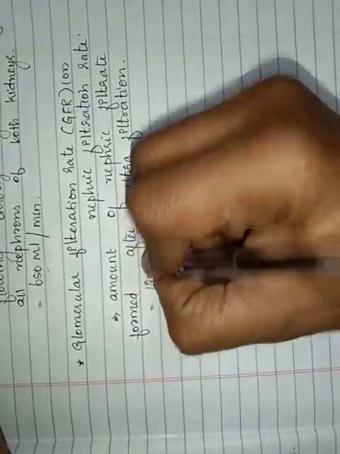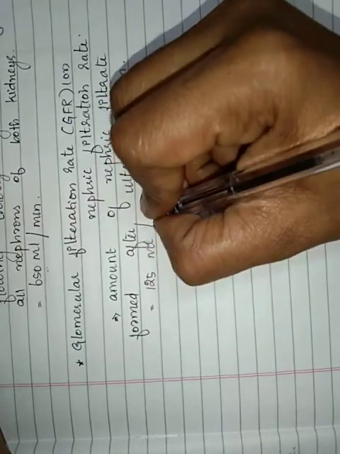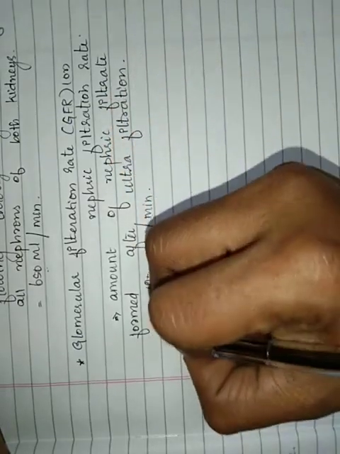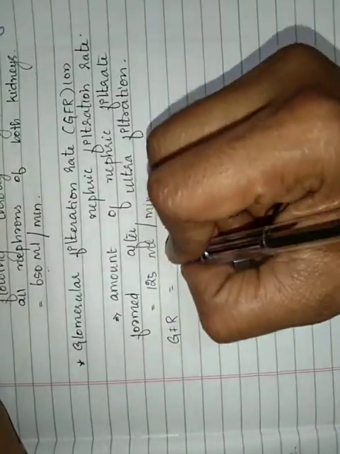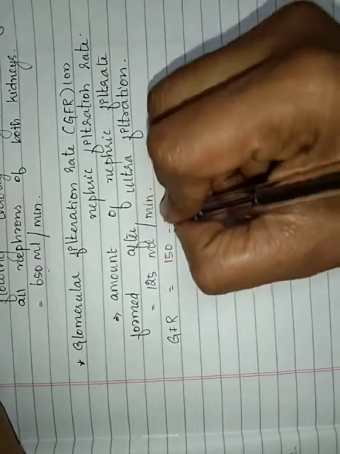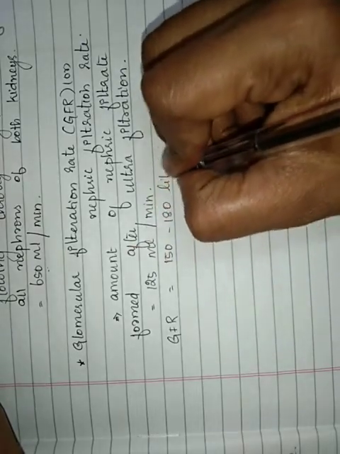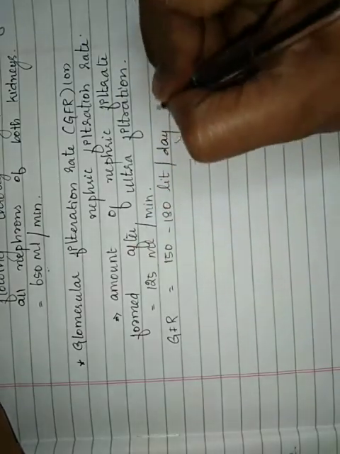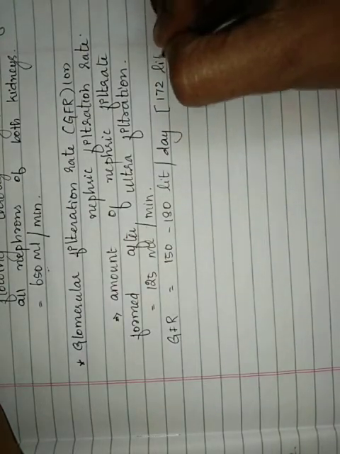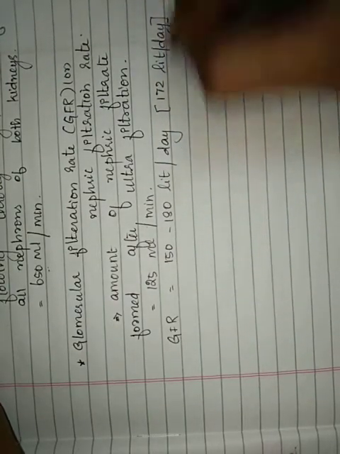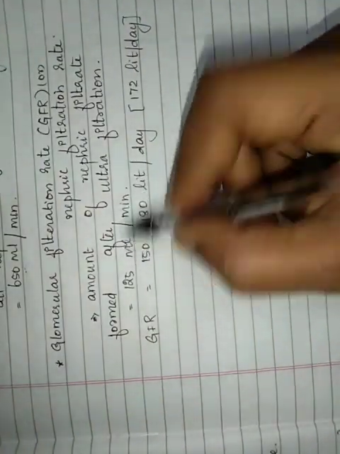This is equal to 125 ml per minute, and GFR is usually given for a day. For one day it is around 150 to 180 liters per day, and the average of 172 liters per day is calculated. Usually most considered this is the average. So this is the amount of nephric filtrate that is formed per minute, which is called glomerular filtration rate.